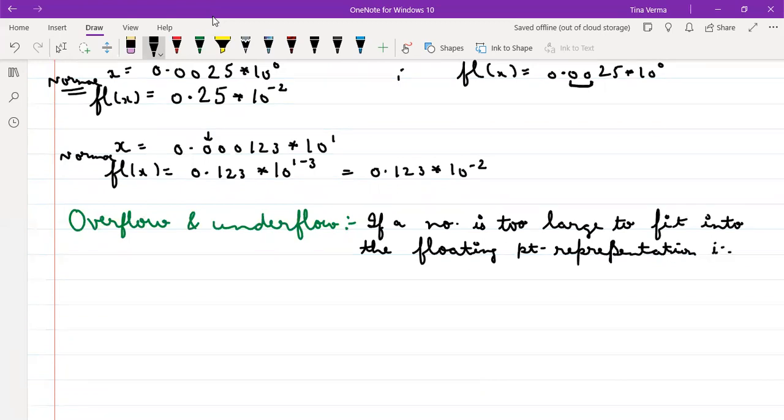that is because we are talking about the exponent. If your exponent is beyond m, that is the maximum value the computer can store, and if your exponent value becomes greater than m, like we say 16 bit, that it can store 16 digits, right? If that occurs, then an overflow is obtained.